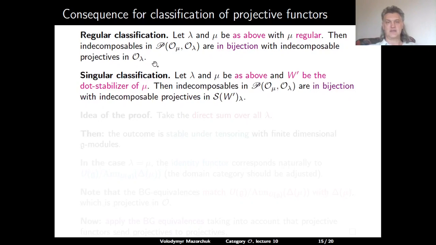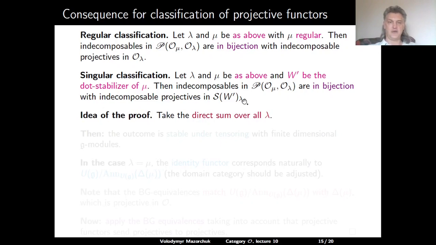And the singular classification: again, if lambda and mu are as above, with mu singular with dot stabilizer W prime, then indecomposables in the category of projective functors from O_mu to O_lambda are in bijection with indecomposable projectives in the lambda block of the W prime S subcategory in O.